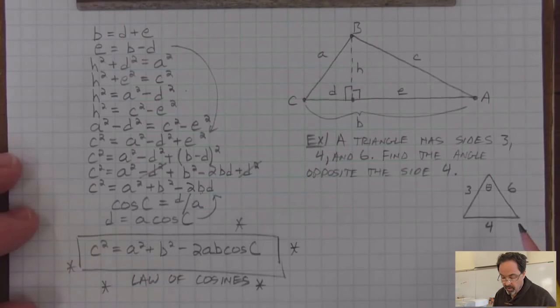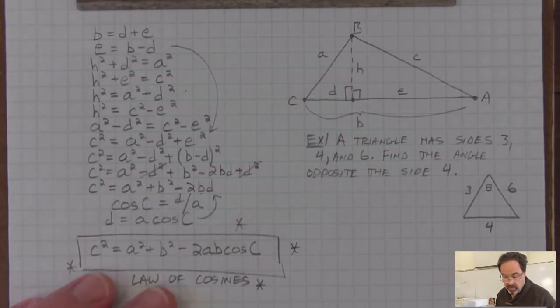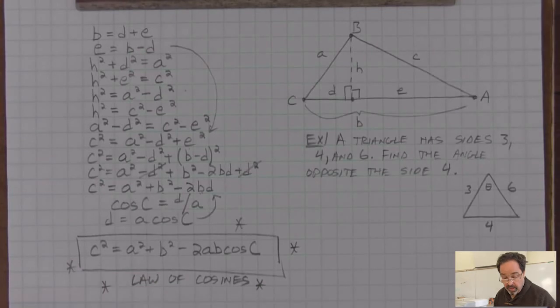Now, I have in a triangle 3 sides and 1 angle that I'm trying to find, which are the variables that are represented in the law of cosines. So it's the law of cosines that I'm going to use. And note that the law of cosines, as all formulas and equations are capable of doing, can solve for any of its variables as long as we have values for the other variables.